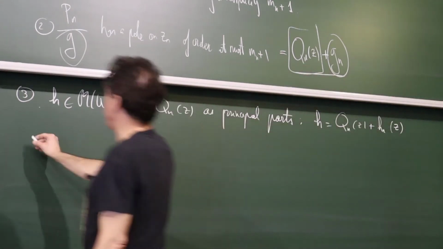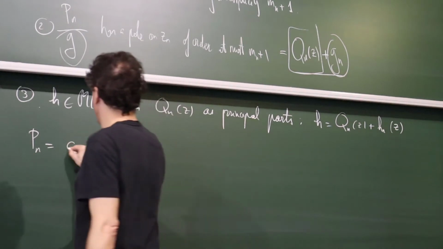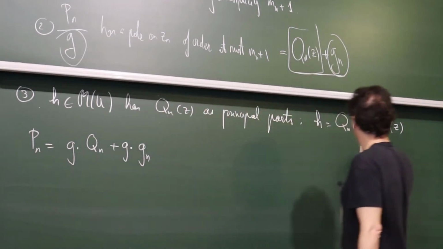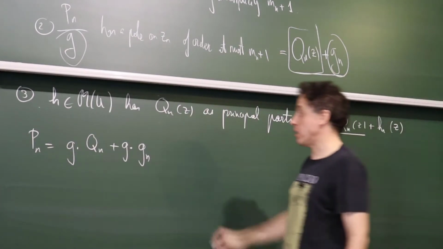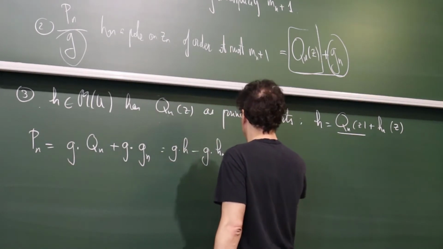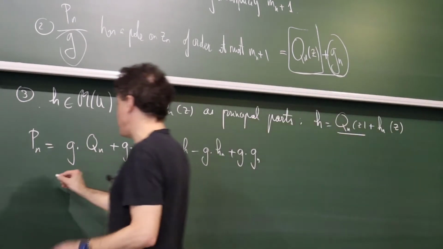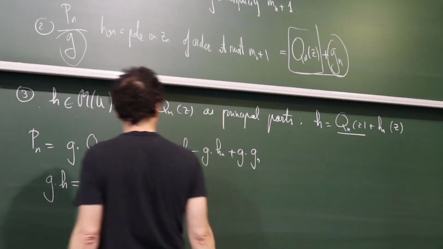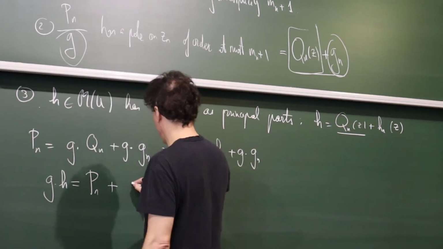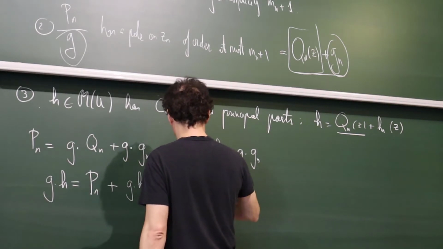Pn from previous, from point 2, Pn must be G Qn plus G Gn. Now Qn is h minus Hn, something like this. And from here we have that G times h is equal to Pn plus G times Hn minus G times Gn.